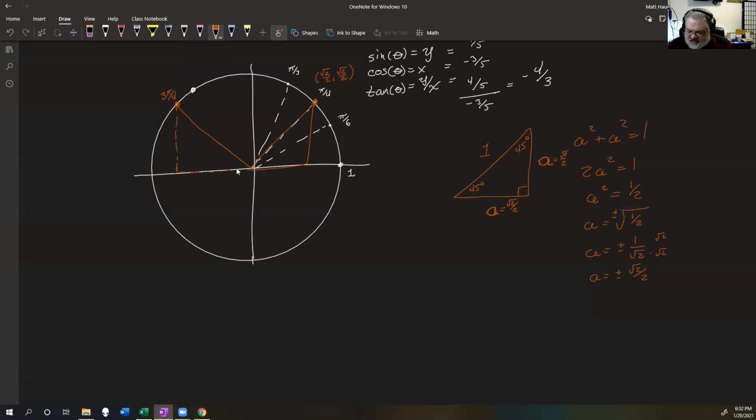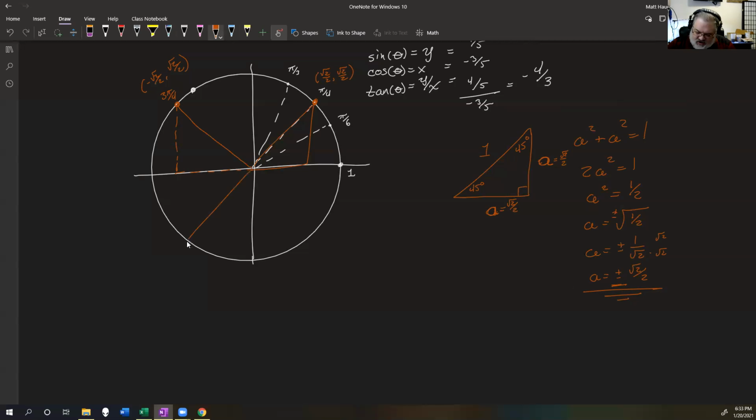So what do we know about those x values and those y values? X values are negative, but they're still √2/2, just negative √2/2, and y values are positive. Remember down here that A was technically plus or minus square root 2/2? Would it be the same? The same except for the signs, except that you've got that negative for the x and that positive for the y. You might have disregarded that plus or minus because we're in a triangle, but we're not necessarily in a triangle, right? So that positive or negative starts to have a nice meaning.